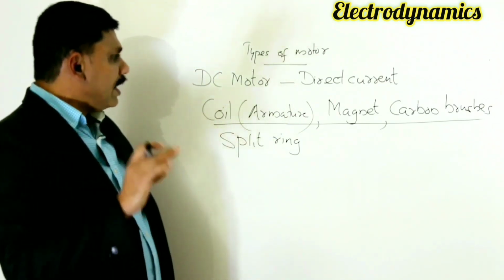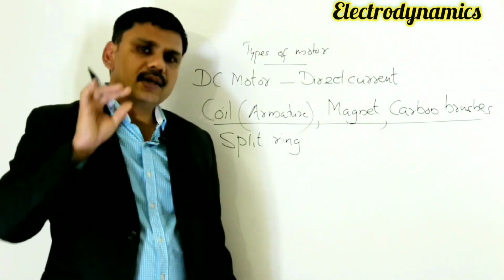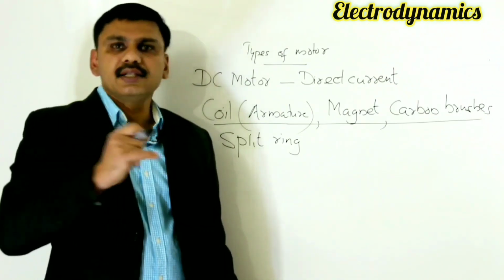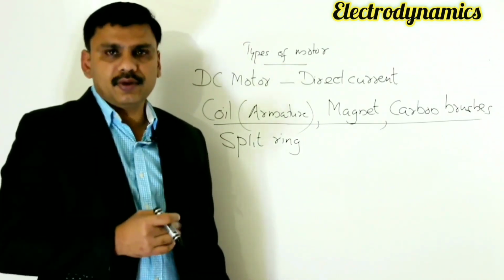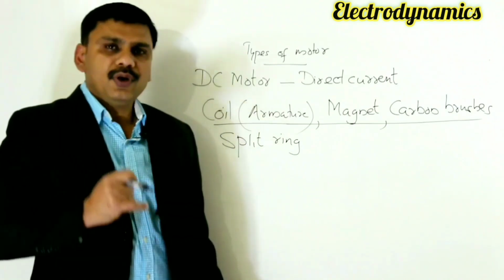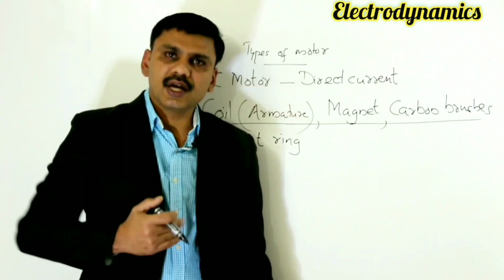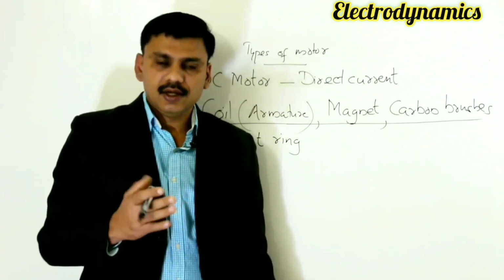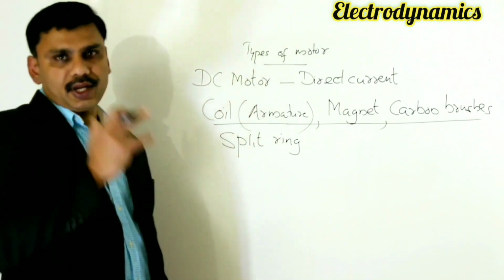So what is happening in the case of a motor? We are giving electrical energy, and with the electrical energy, mechanical energy is produced. The new formation is rotation: the coil is rotating.